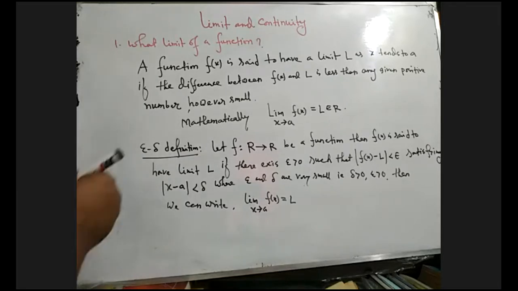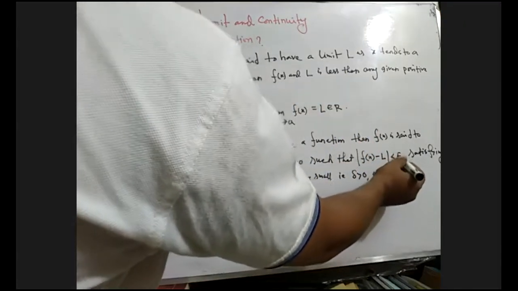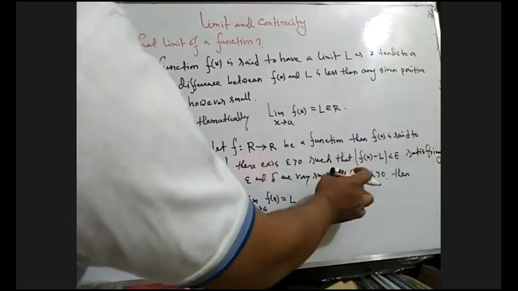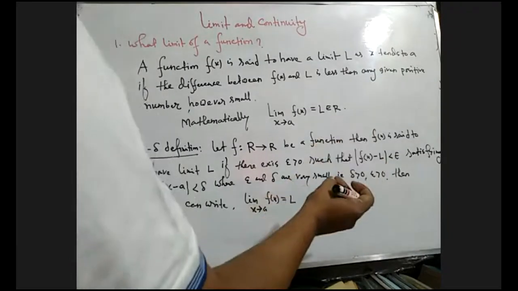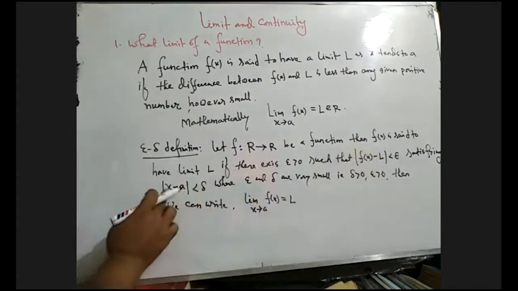So the functional difference will be very negligible, less than epsilon, where epsilon is very small and greater than 0, that means a positive number. This is the functional difference, and this is the point difference.